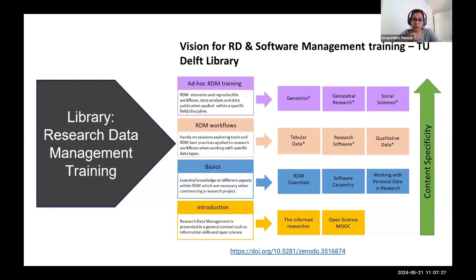The RDM workflow involves qualitative data, research software, and then on the top is ad hoc RDM training, which can get very specific in terms of the content. It can focus on genomics, geospatial research, or social sciences.